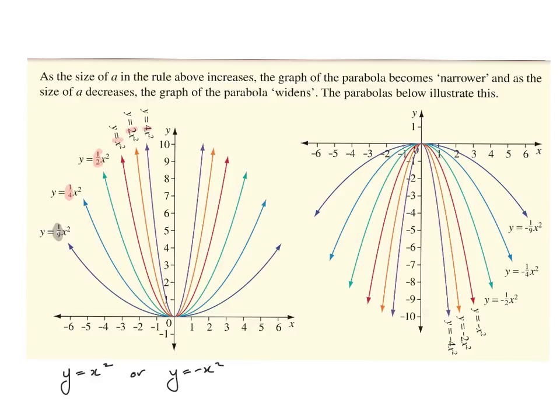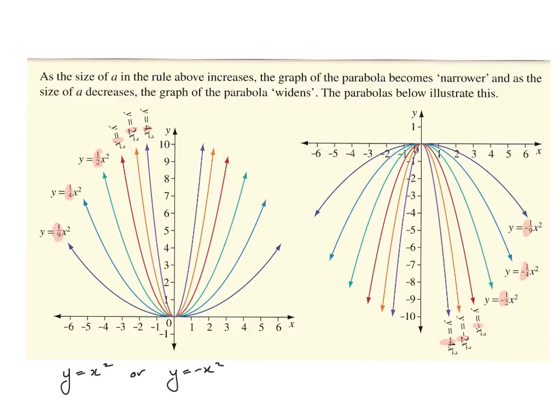Okay, on the other side with the negative x squared, again, we're dealing with what happens when the value in front changes. Now, look at your graph. Take a few seconds, have a look and see what you notice. What do you see happens as the value changes in each of them?